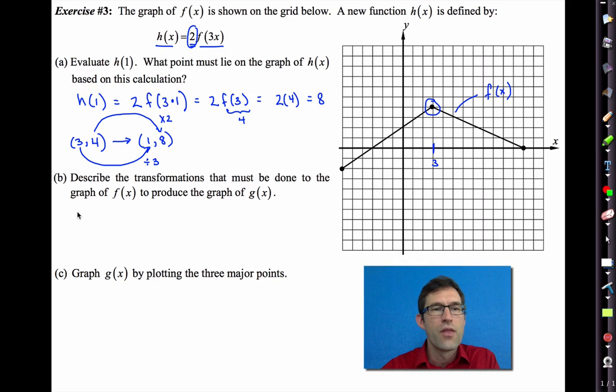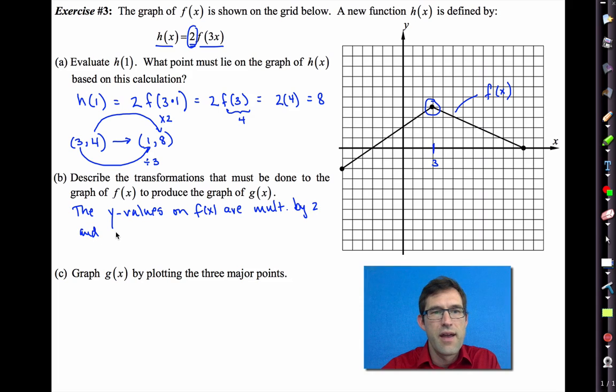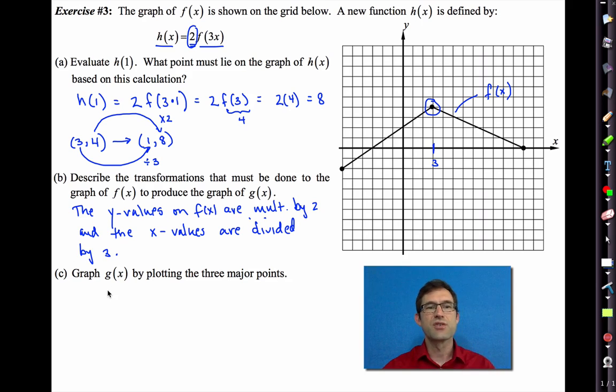So the y values on f of x are multiplied by 2, and the x values are divided by 3. And it says graph h of x by plotting 3 major points.